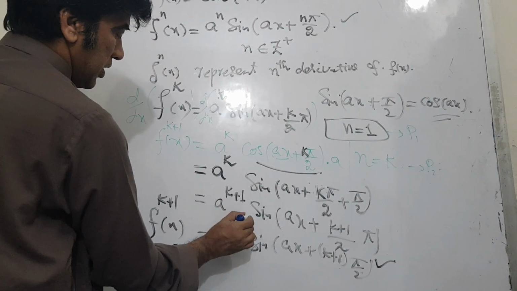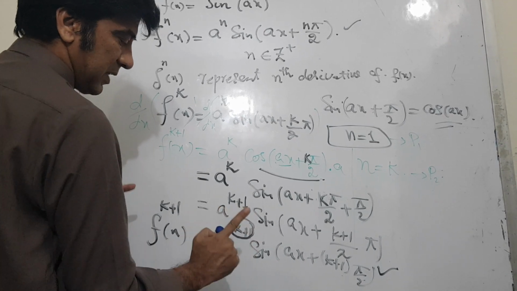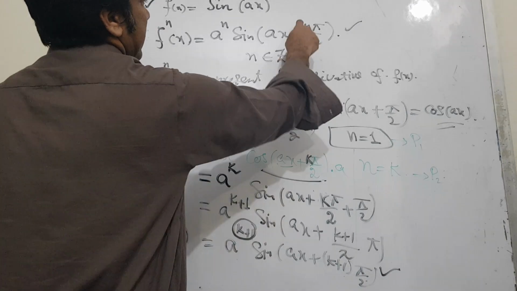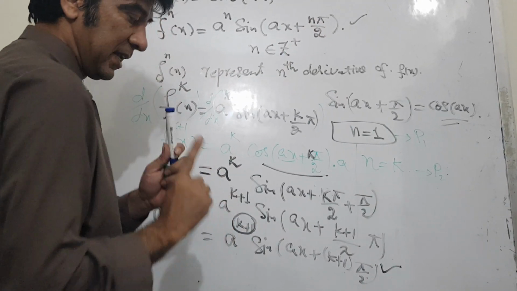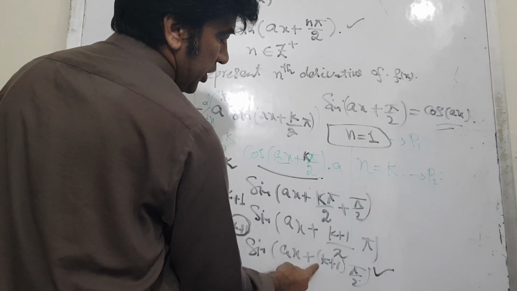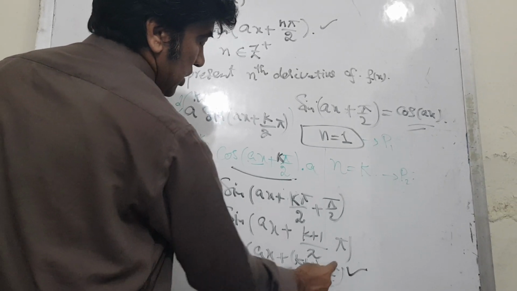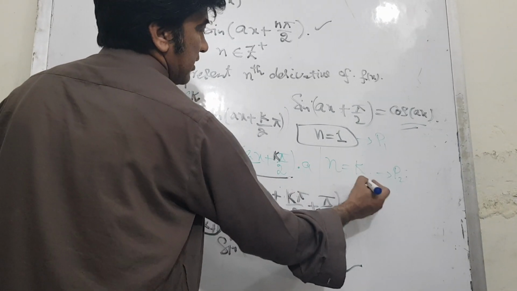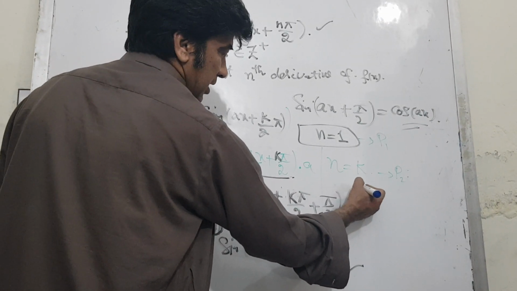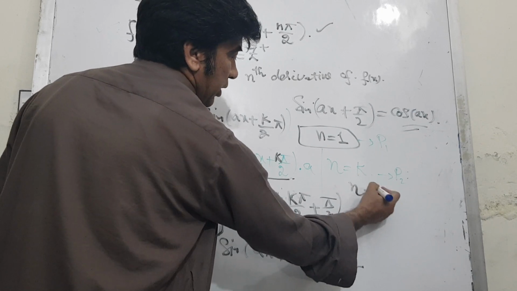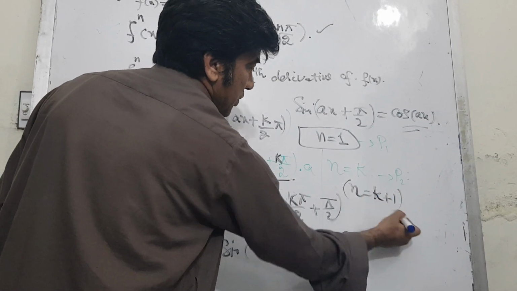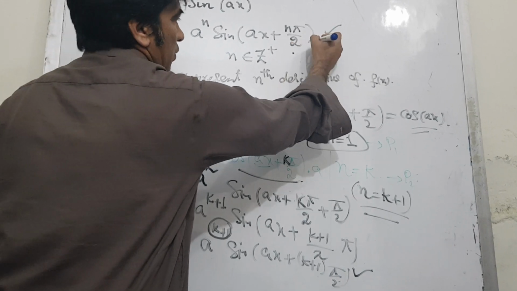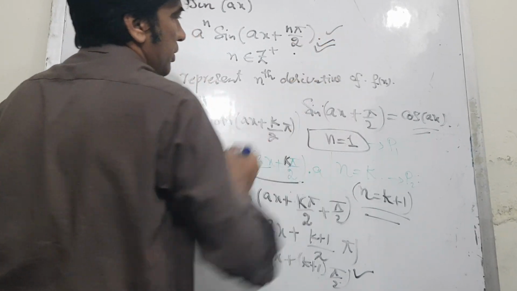Look, now the derivative is k+1, so a's power is k+1, and now that you have taken k+1, you proved that this is (k+1)π/2, and this way you proved that the proposition for n equal to k+1 is true for this generalized proposition, the statement which you were given to prove.